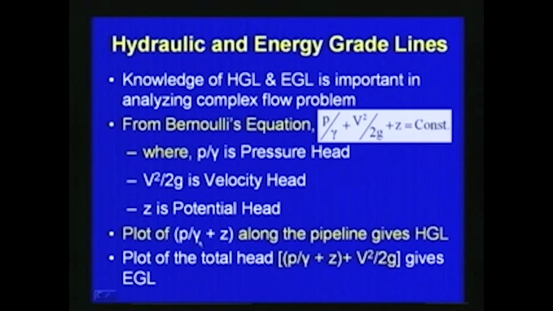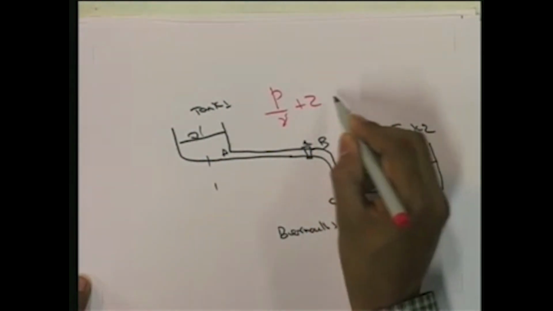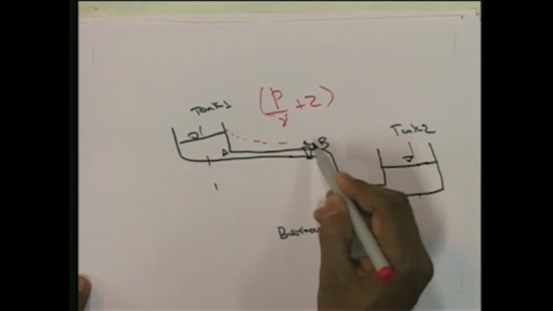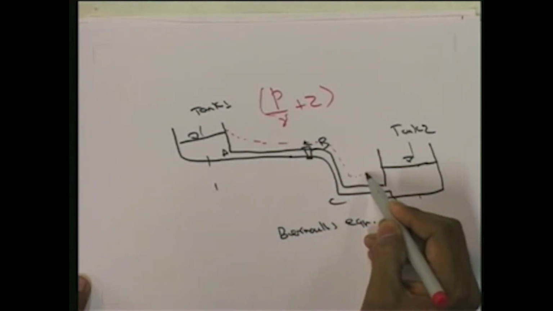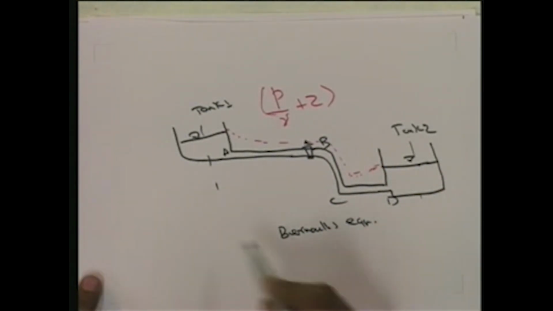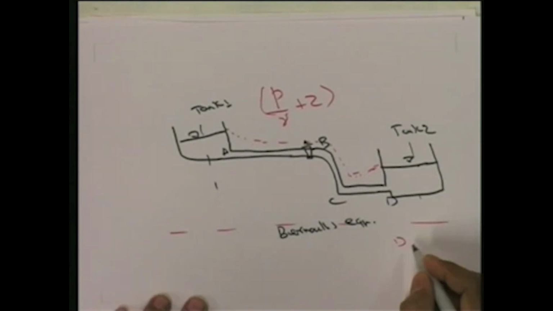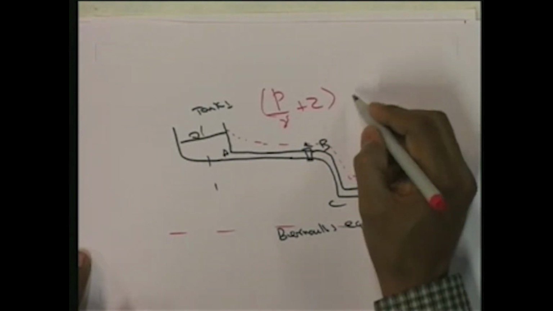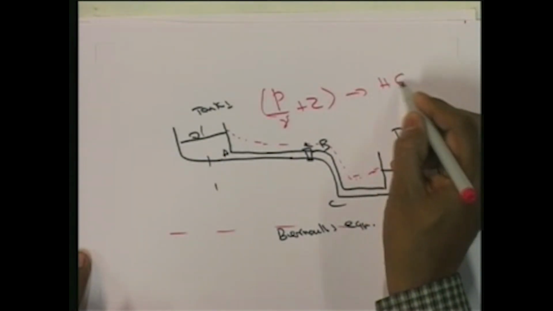Now, the plot of P by gamma plus Z along the pipeline gives the hydraulic gradient line. If we plot P by gamma plus Z for such a pipeline system, with this being the datum, that gives the hydraulic gradient line, HGL.